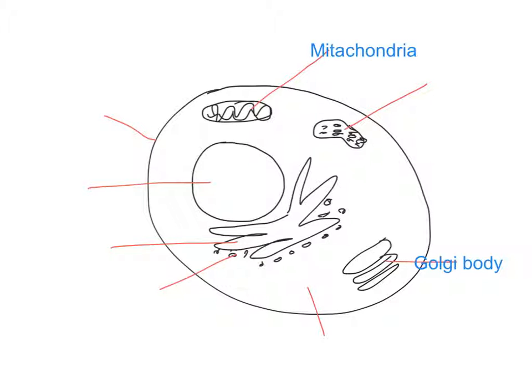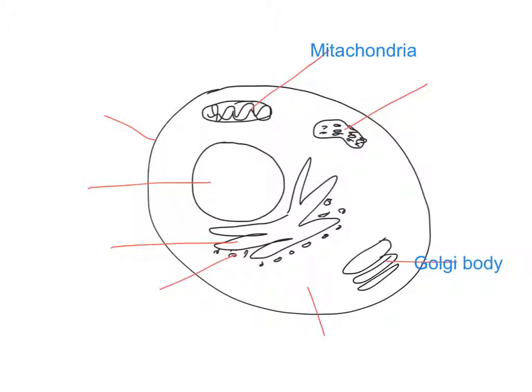When I say made, we're talking proteins, and what it will do is fine-tune that protein to make sure that it's perfect for what it's going to carry out, and then put it into a little postage bag called a vesicle. That vesicle will travel to the outside of the cell and then be released, if that's a particular protein that needs to be released externally to the cell. If it's one within, then that vesicle might travel within the cell and relocate to a particular area like the mitochondria where it might be needed.